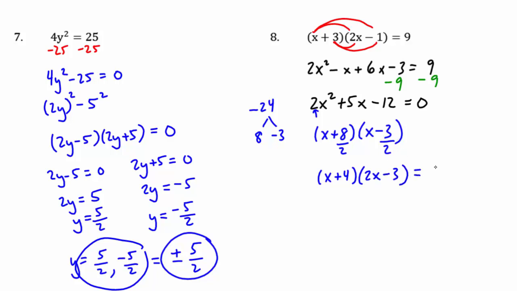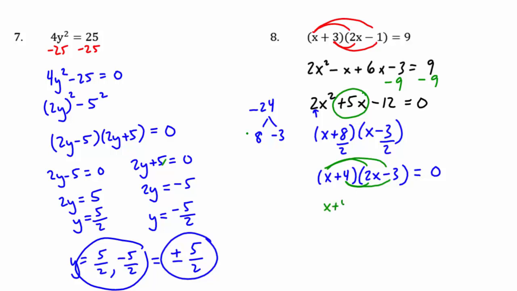So here, this 2x squared plus 5x minus 12 equals 0 is the same as x plus 4 times 2x minus 3 is equal to 0. Let's check it just in case, just real quick. 2x squared minus 3x plus 8x, oh good, that's a positive 5x minus 12 is equal to 0, good.